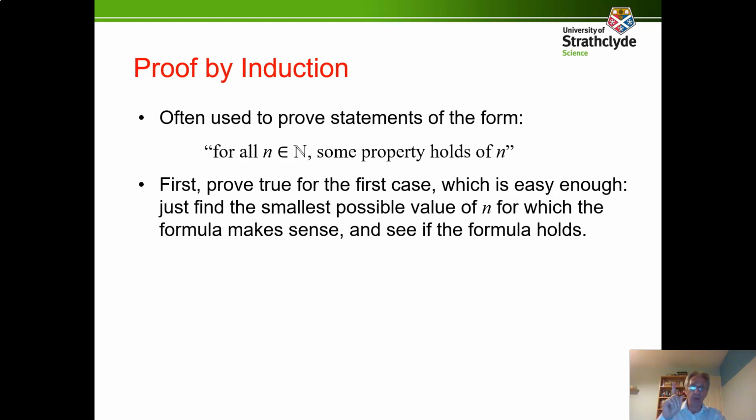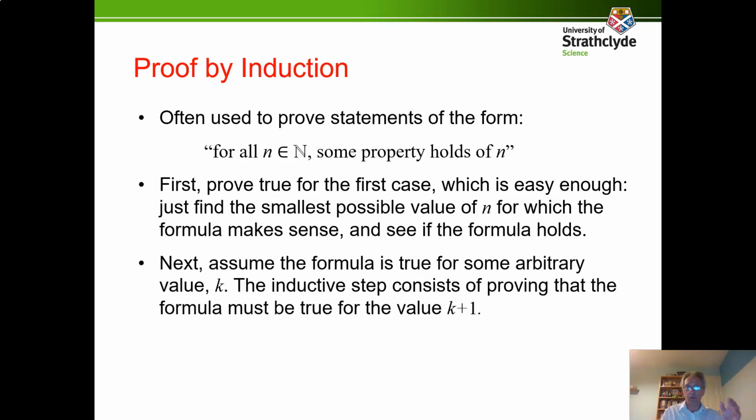We've proven one case. What we now do is assume that the formula is true for some arbitrary case somewhere along the line, one of the natural numbers, but we're not saying which one. We're going to assume that it's true for that. The inductive step then consists of proving that the formula must be true under that assumption for the next one.